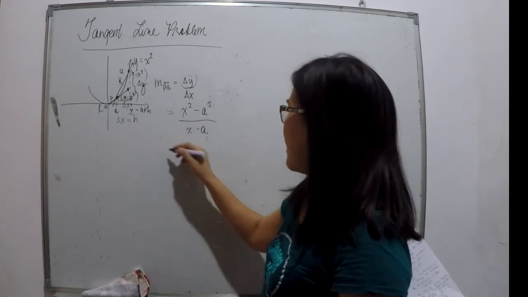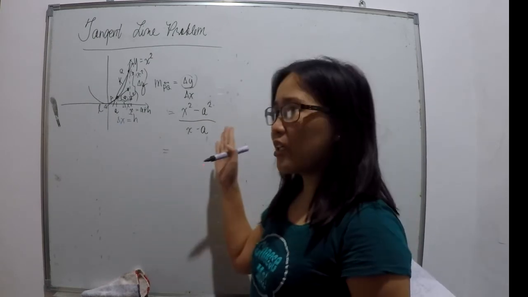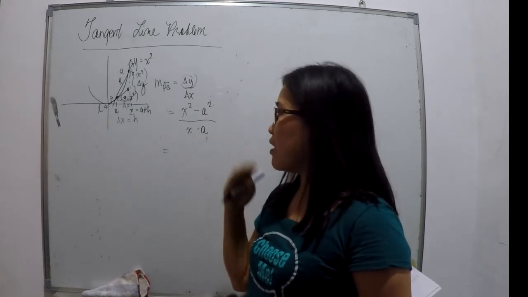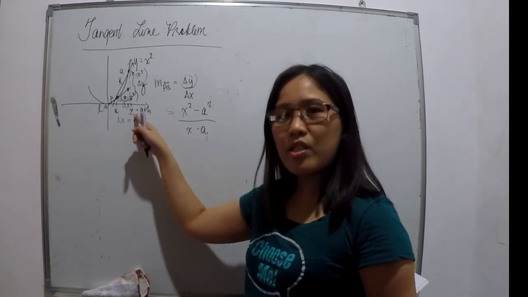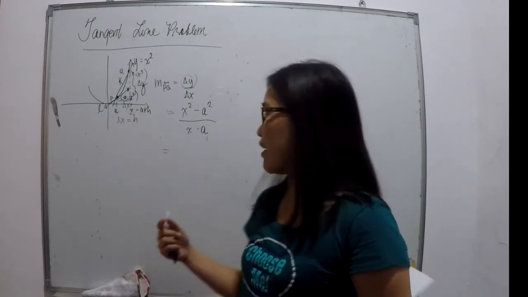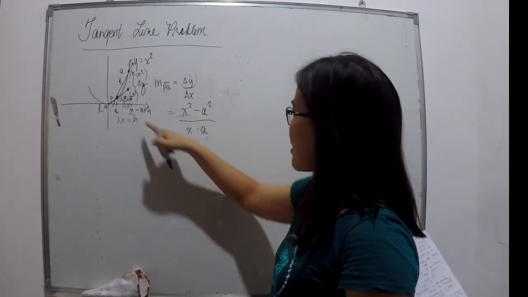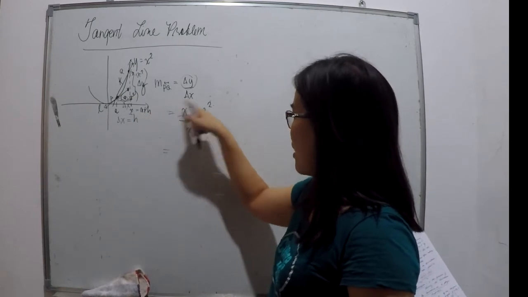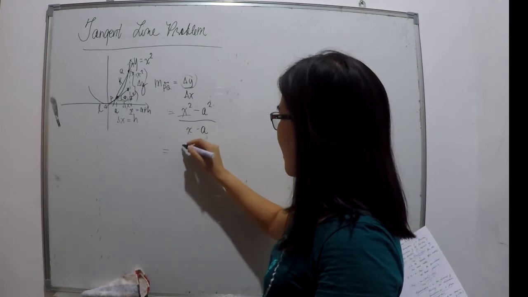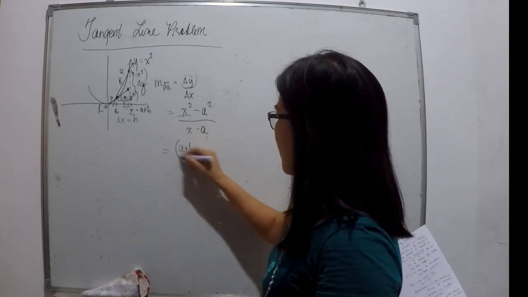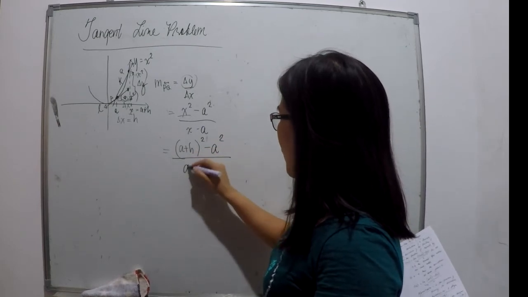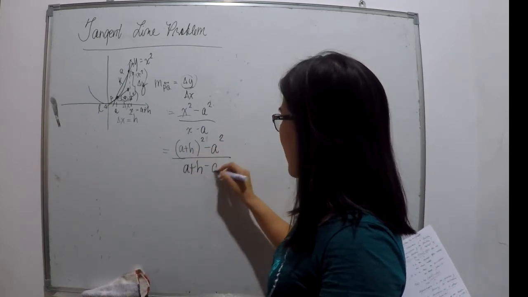Now, from here, we can write this formula in terms of h, because we write x equal to a plus h, where h here is actually the change of x. So, since x is equal to a plus h, this becomes (a plus h) squared minus a squared over (a plus h) minus a.